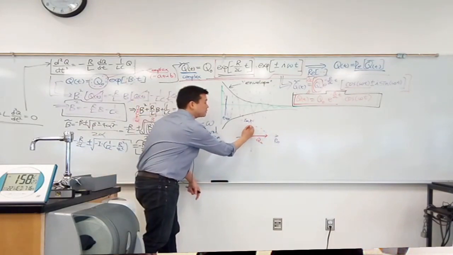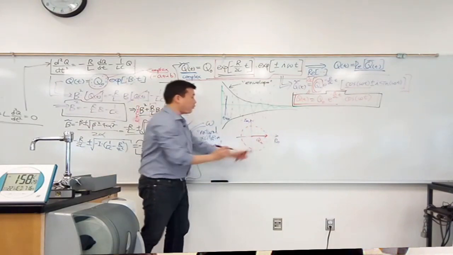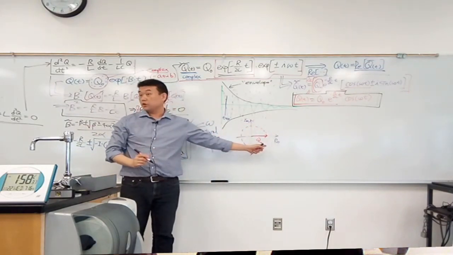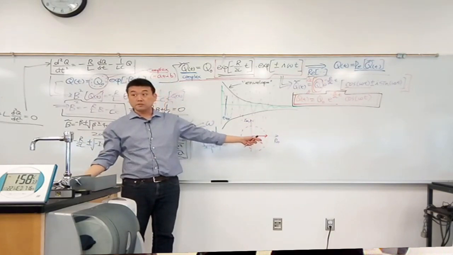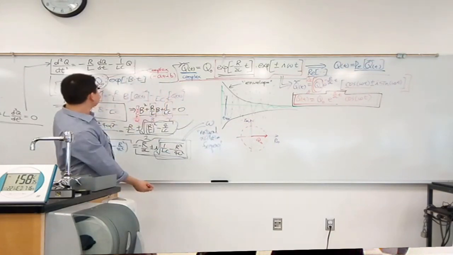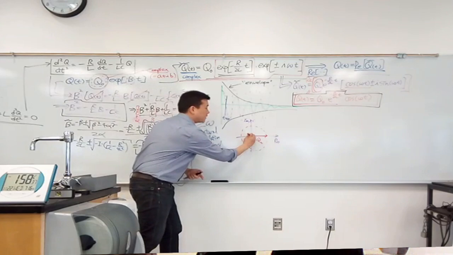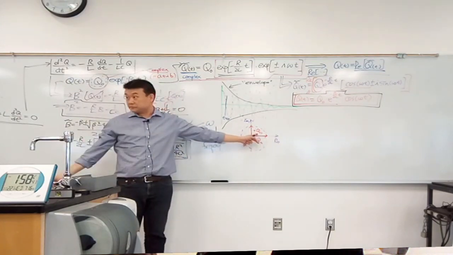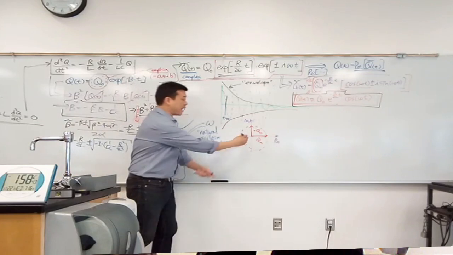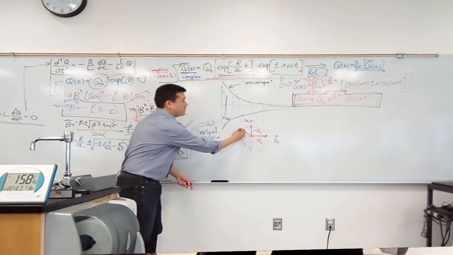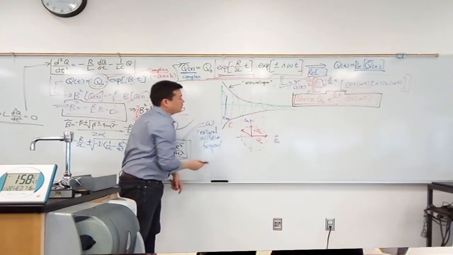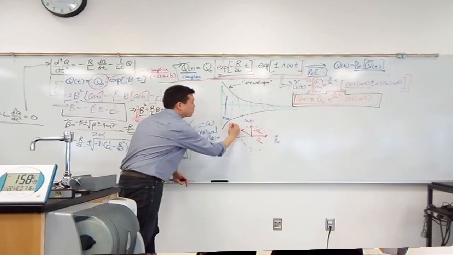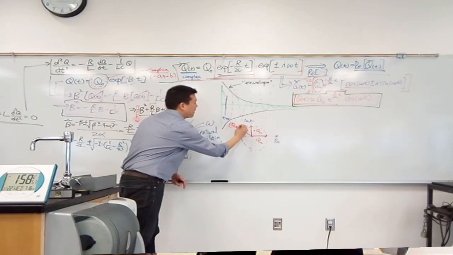Infinite number of these, any of the points around this circle of radius Q naught. So this constant value could have taken the value i Q naught, where Q naught is still real. Or it could have taken any other intermediate value, any other point, with Q naught real and Q naught imaginary.